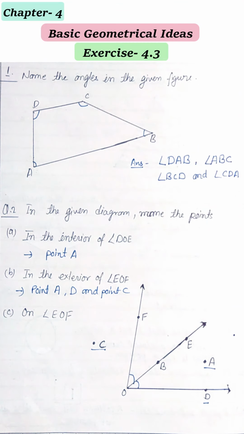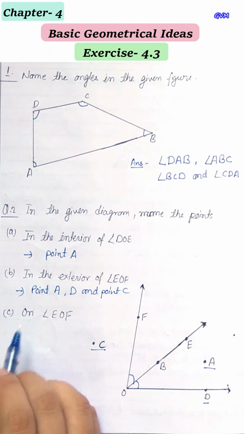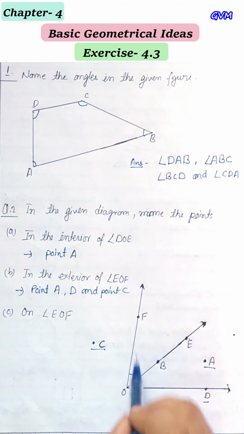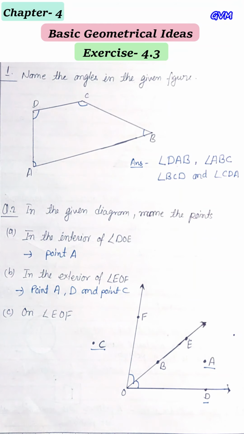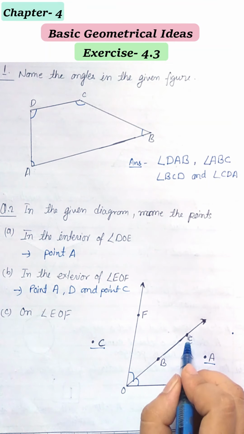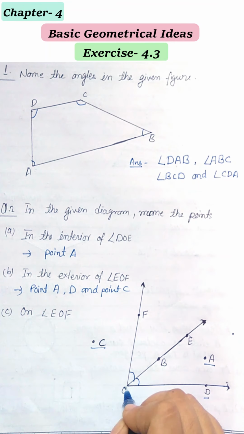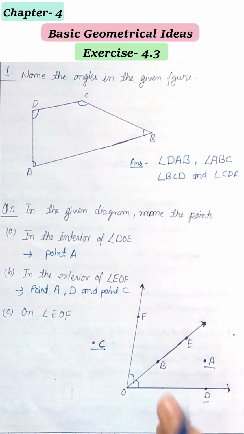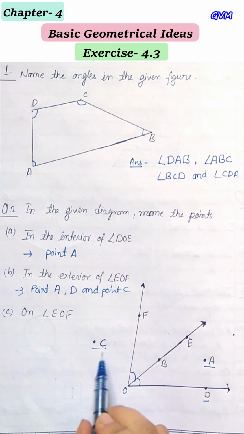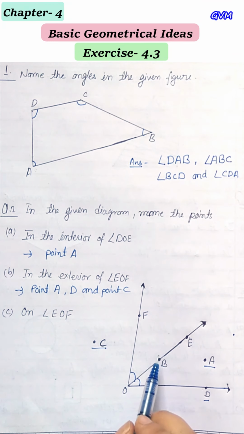Now C part: on angle EOF. On this angle, what points do we have? On this angle we have points E, B, O, F. So we have 4 points on this angle. These points are neither on the exterior nor on the interior side.